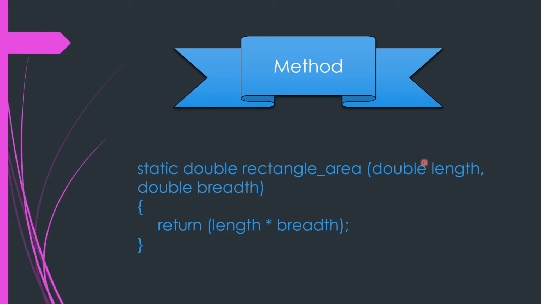They both have the data type double and they are separated by comma. After it, in the curly braces, we have given the body of the method which is return length multiply breadth. So basically this is the return statement. This is the value that we want in return from the method.